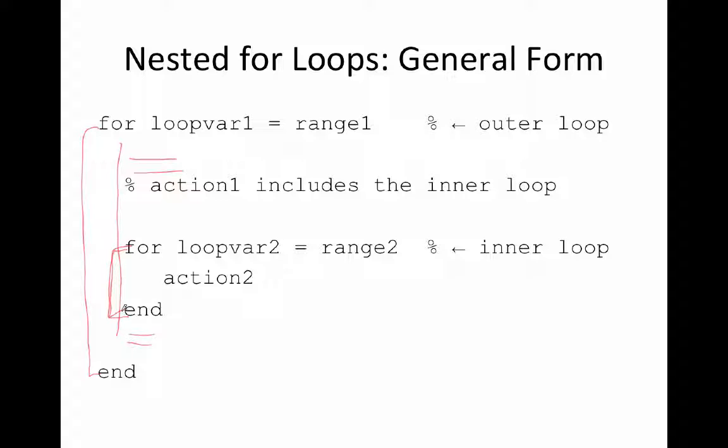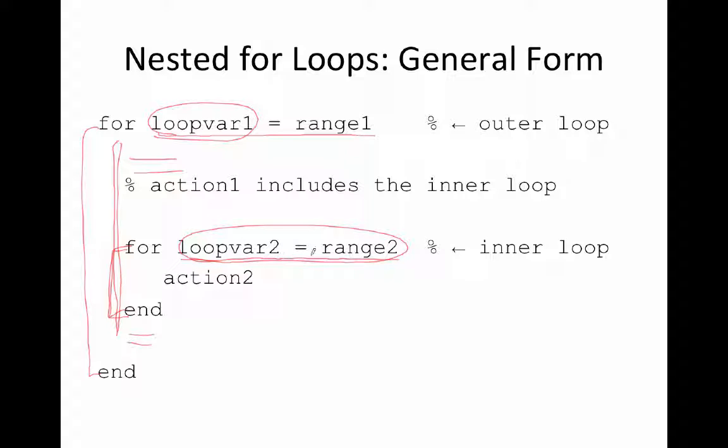So we have two separate loop variables. In our outer loop, our first loop variable goes through a range of values. We'll call that range 1, which is represented by a vector. And then in our inner loop, our second loop variable goes through another range of values that we'll call range 2. So for every value of the first loop variable, the outer loop variable, we're going to execute the entire action, which means the inner loop is going to go through all of its values.